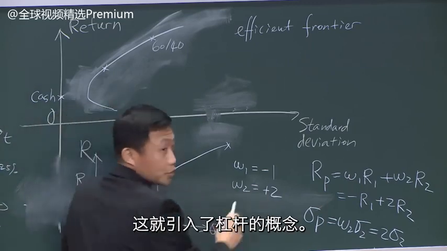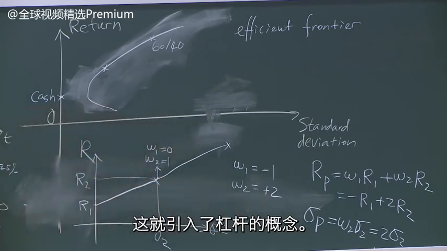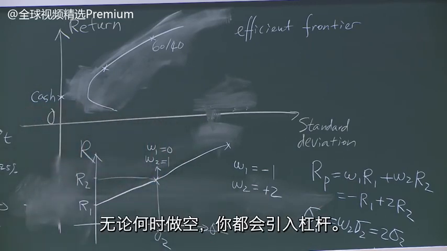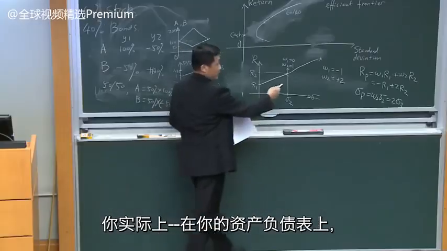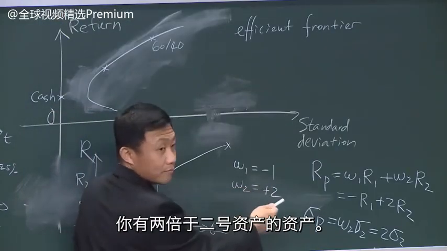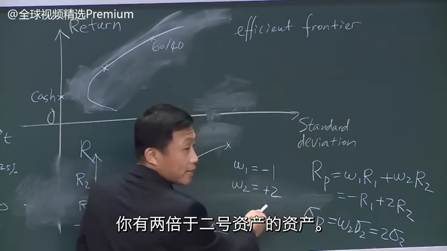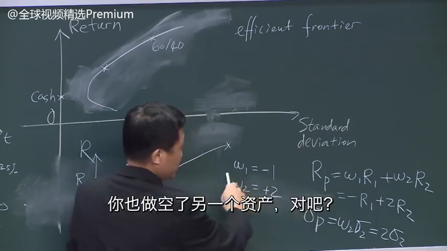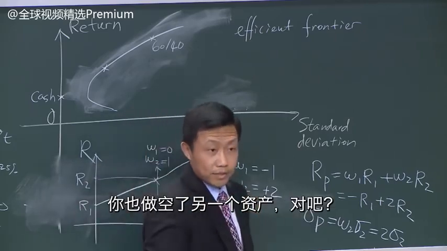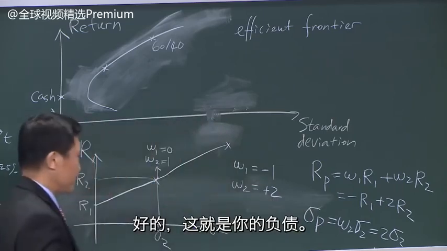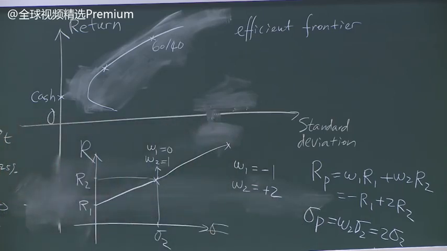So this introduces the concept of leverage. Whenever you go short, you introduce leverage. On your balance sheet, you have 2 times asset 2. You also short one of the other instrument, right? So that's your liability. So your net is still 1.